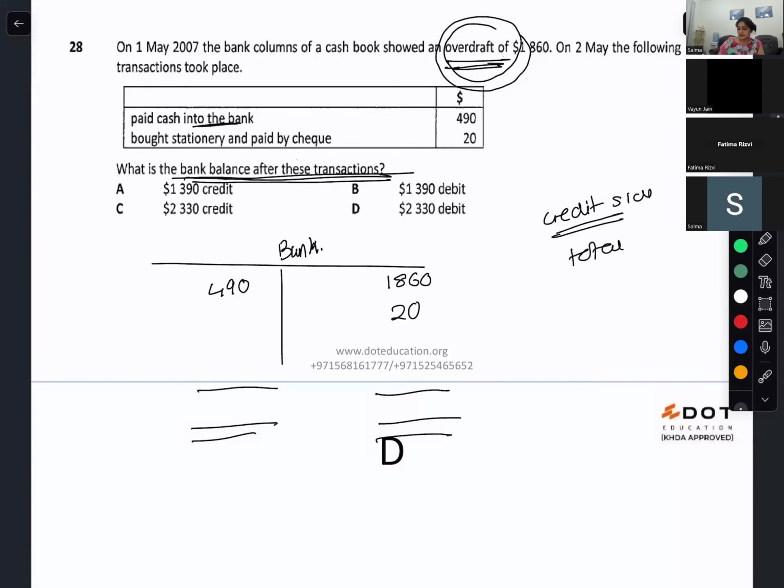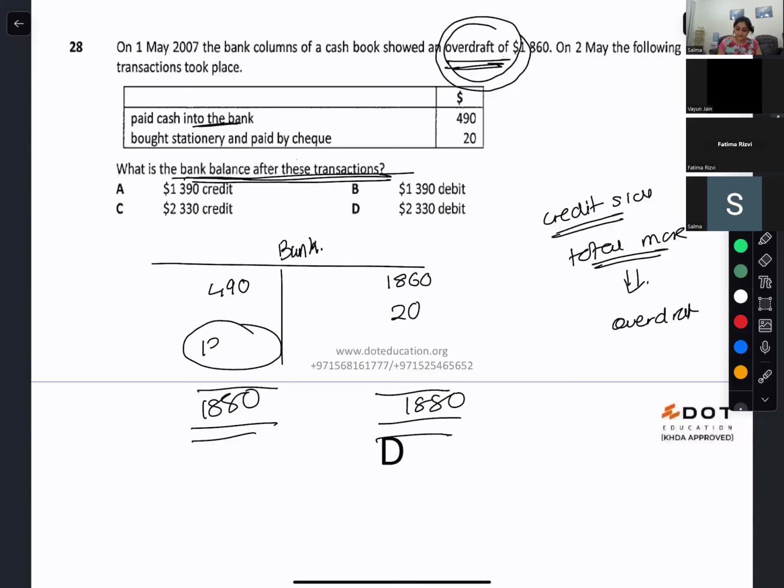Overdraft. Since the credit side total is more, it's going to be an overdraft. So it will be how much? 1,880. And then the balance will be 1,390.